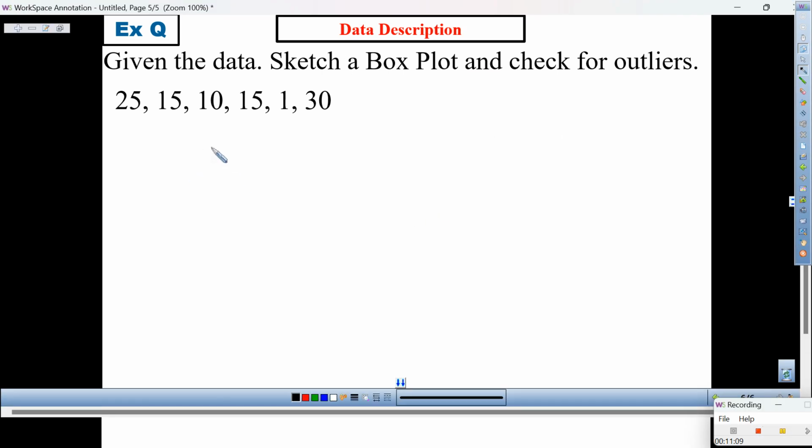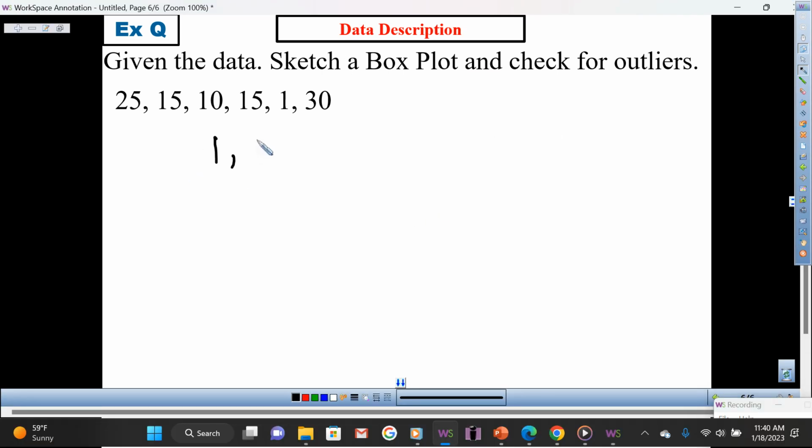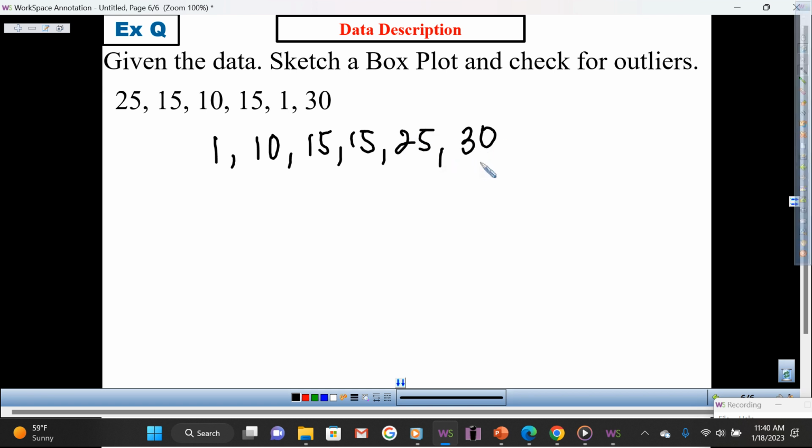Least to greatest, so we got 1, 10, 15, 15, what else? 25 and 30. All right, pass someone. Samuel, Q1, Q2, and Q3. 10, 15, and 25.